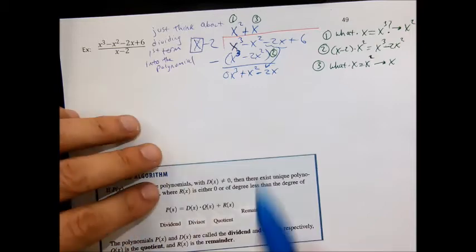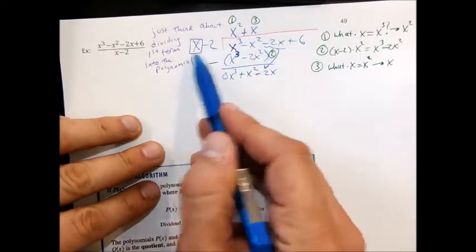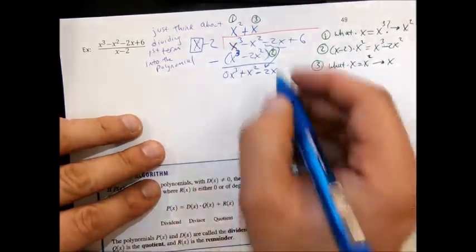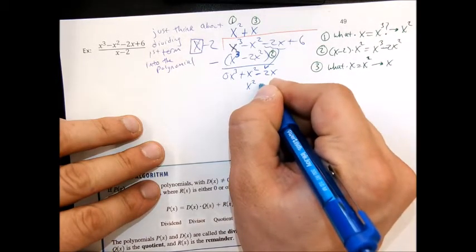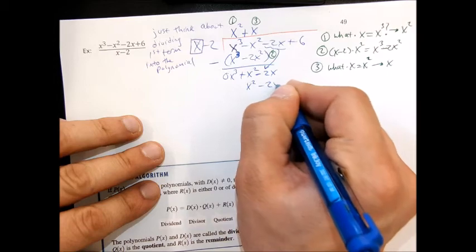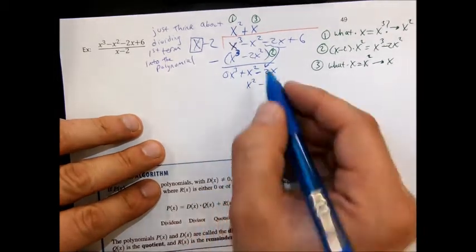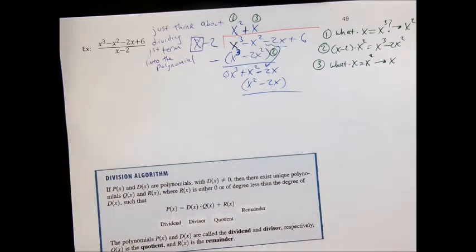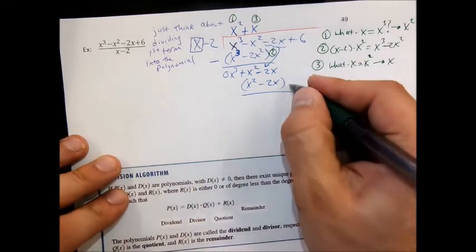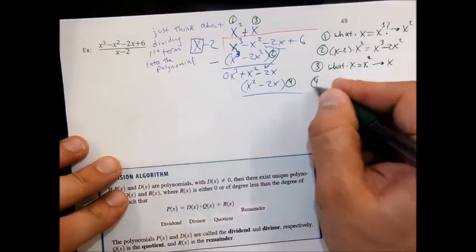And then you multiply back through. So x multiplies into the x minus 2, and we get x squared minus 2x. Right, so that's where that one came from. Let's note that.